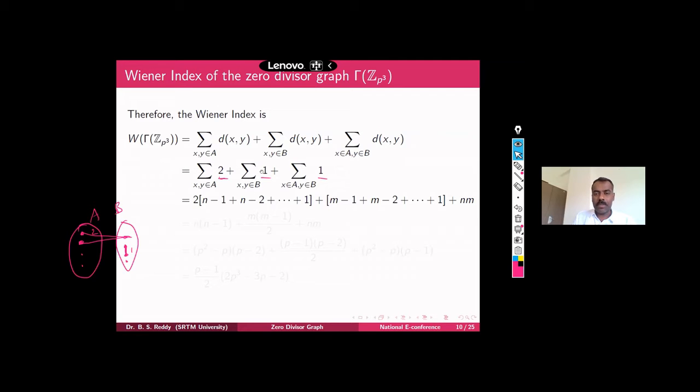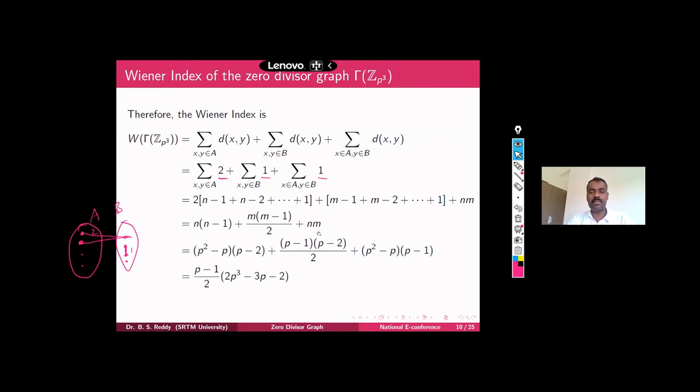Similarly, for x and y in B, the same applies, and you can use m-1, m-2, and so on. But if they are in different sets, one in each, then the summation is every time from 1 to m, but there are n terms, so you get n times m. So with this simplification, of course, you get that the Wiener index is precisely this.